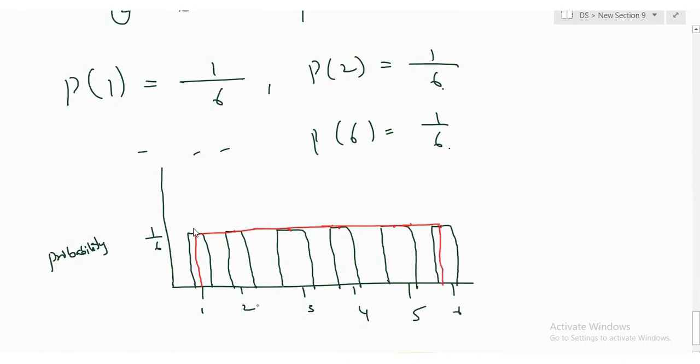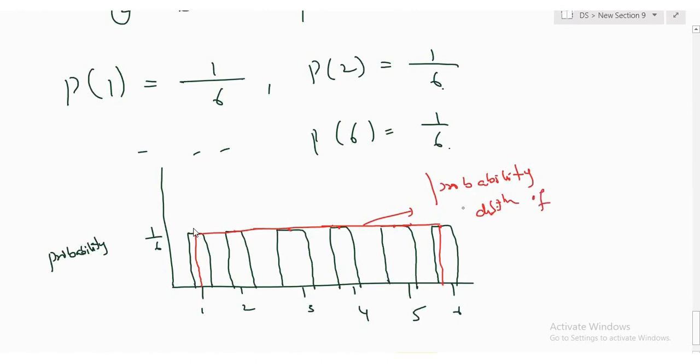Agreed? This is the probability distribution. Of what? Of throwing a die. I am not going to write curve.